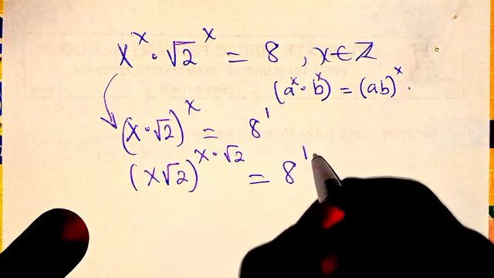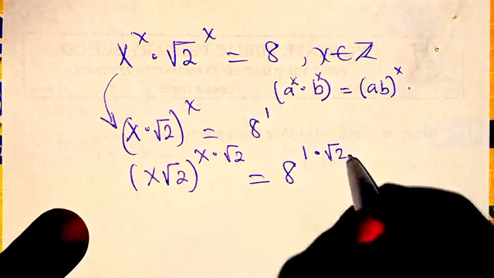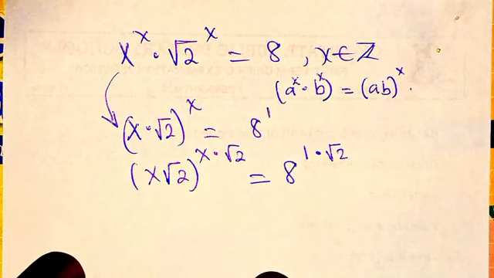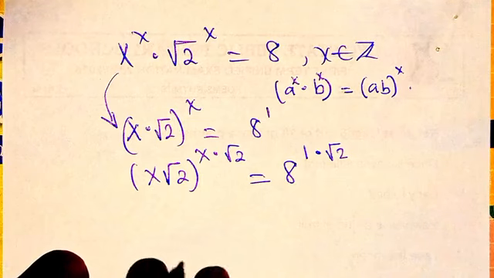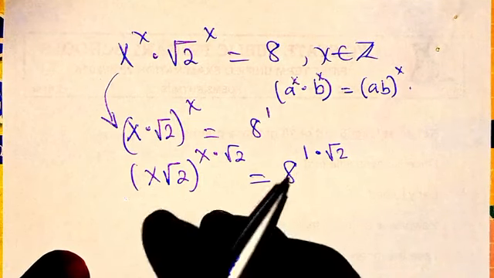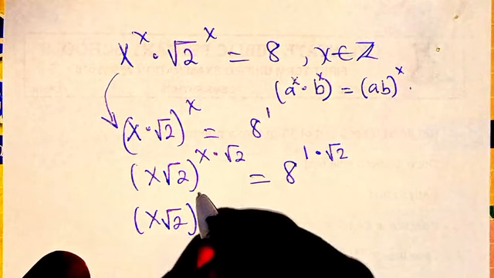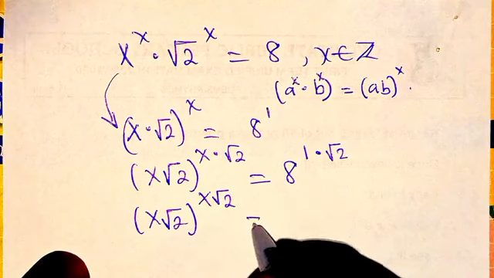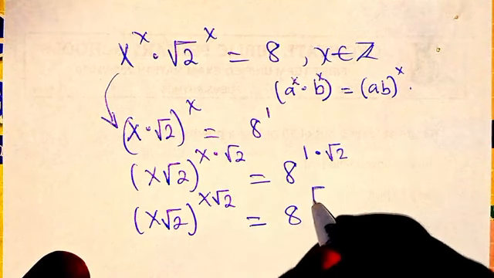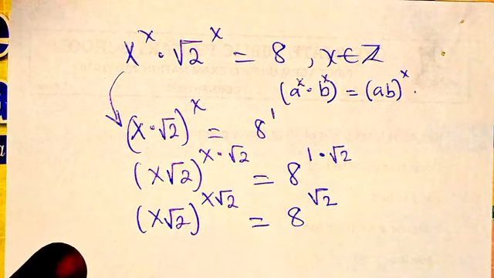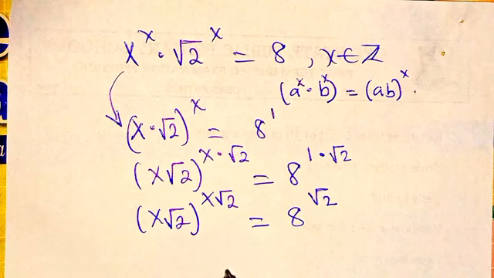I must multiply the power here also by root 2, to maintain the balance of this equation. So now you see that (x root 2) to power x root 2 equals 8 to power root 2. Are you following?